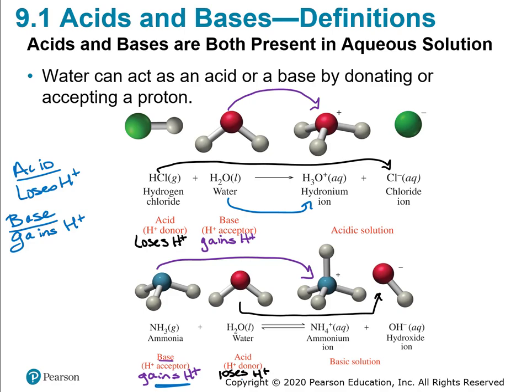So it loses a hydrogen, and that makes the water an acid. So remember that when you look at these, look at the reactant side and compare what happens to each molecule in the reaction. The acids will always lose a hydrogen, the bases will always gain.